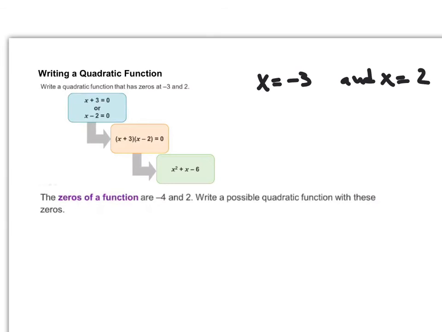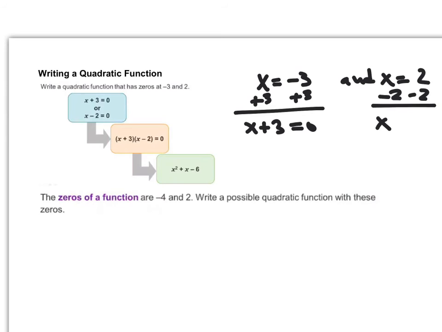So I would add 3 to both sides, and I would get x plus 3 is equal to 0. Here I would subtract 2 from both sides, and I would get x minus 2 equals 0, okay? And that's how you get these here. So you start with zeros, you make factors, and then you multiply your factors together, and then you get your quadratic.